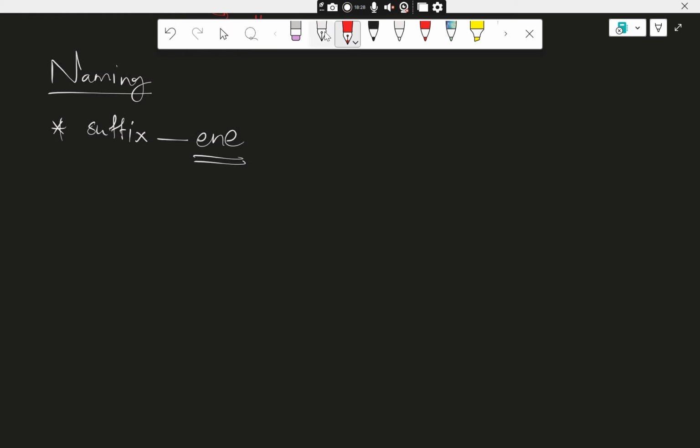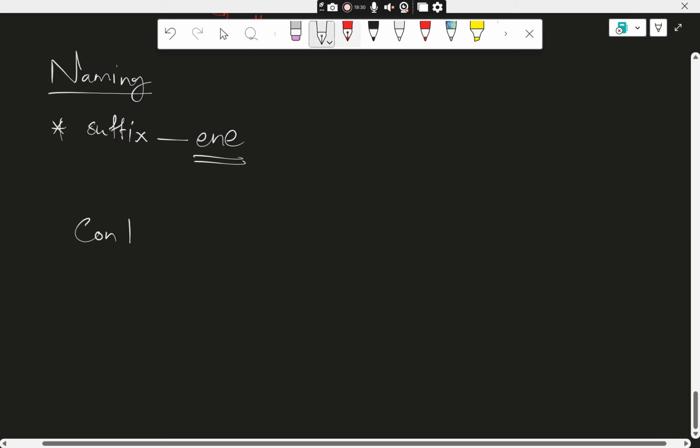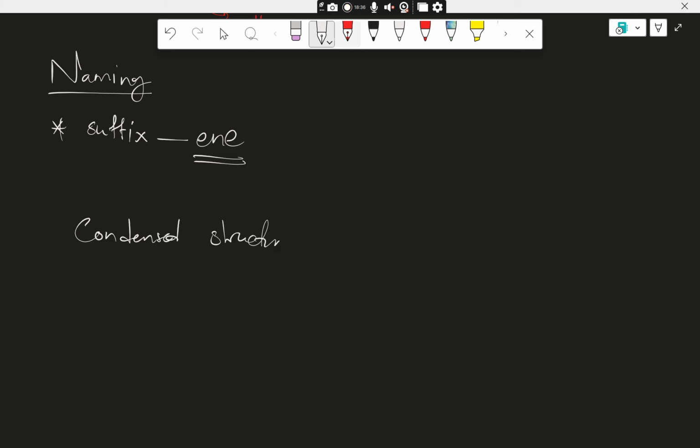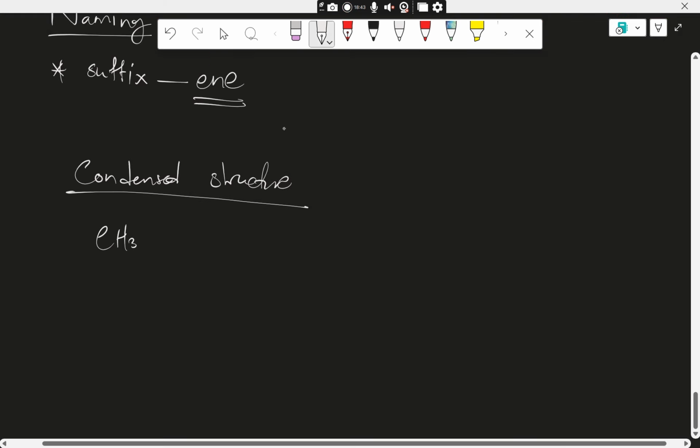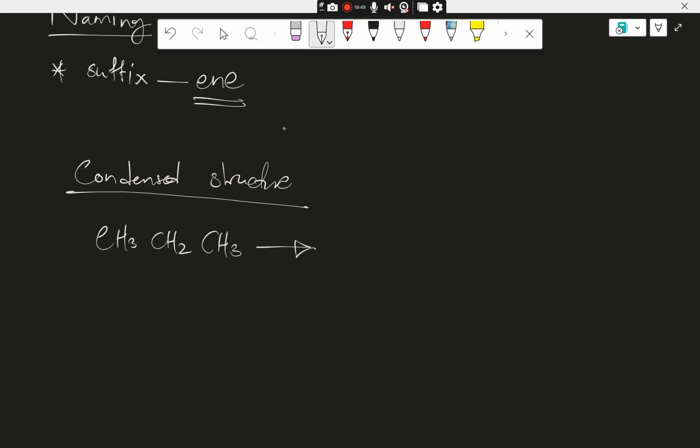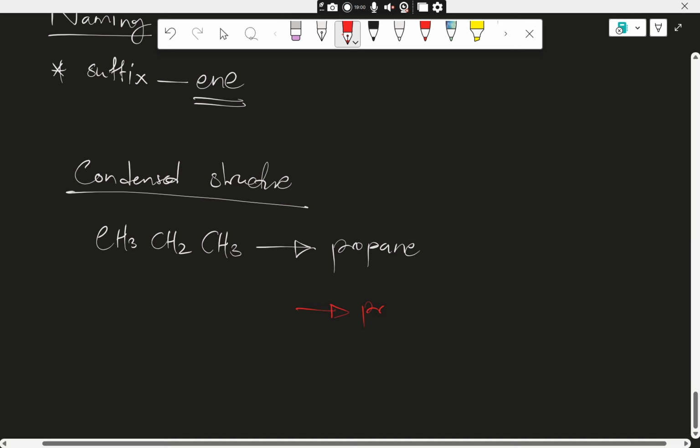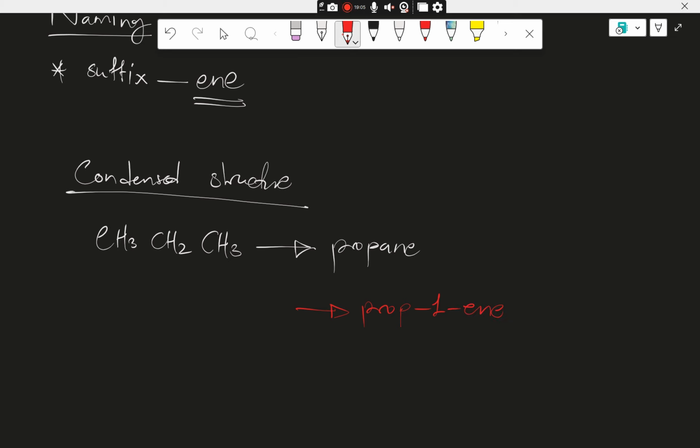So it's very important. Talking about the condensed structure, how would it look, right? Because last time we had CH3, CH2, CH3. So this was propane. We knew for propane that this was single bonds, but how about when we have prop-1-ene now? For prop-1-ene, the condensed structure will also show the double bonds, right?